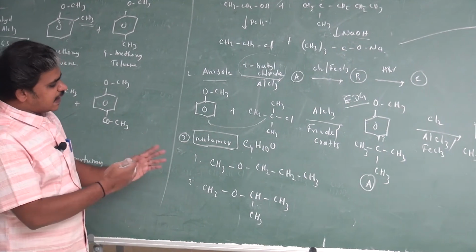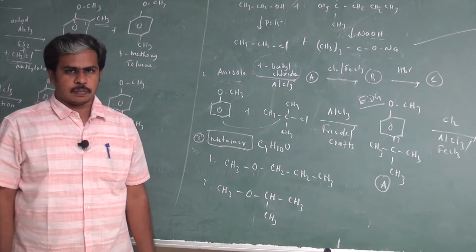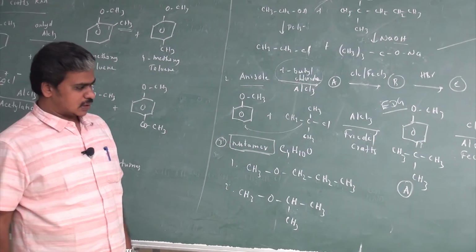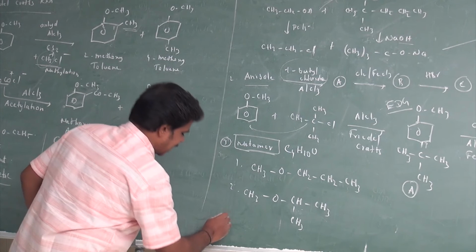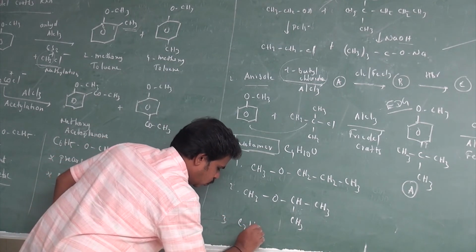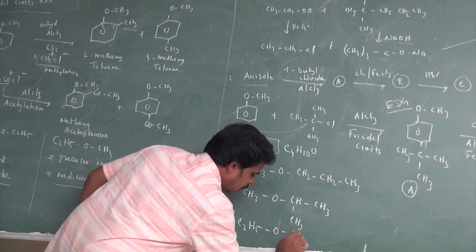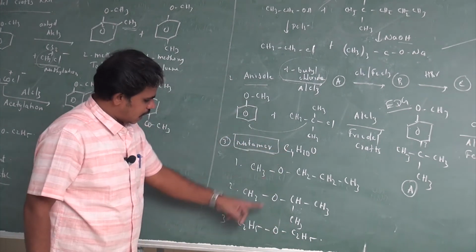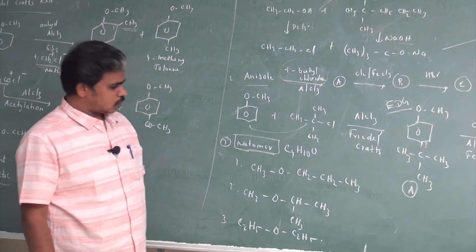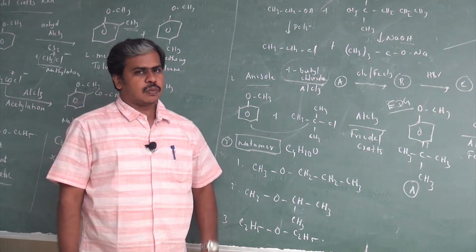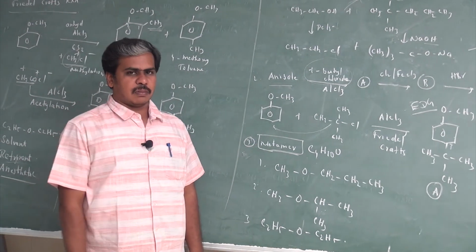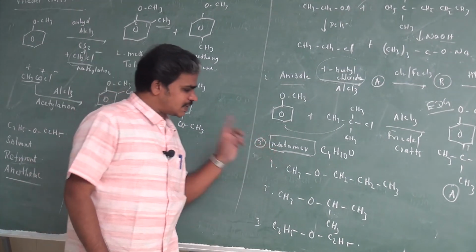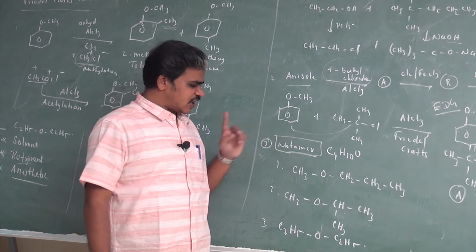So different attachment of alkyl group on either side of oxygen is known as metamers. And one more possibility is C2H5, O, C2H5. Here C4, H10 and O. So organic compounds having the same molecular formula but different attachment of alkyl group are known as metamers. It is the definition of metamers.